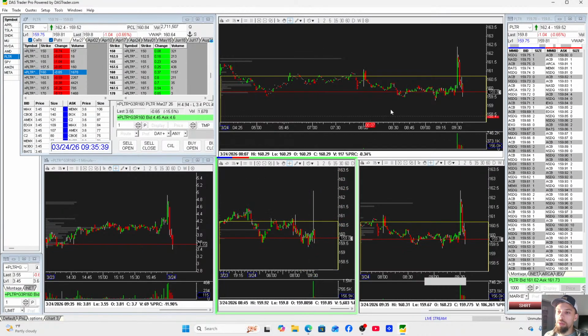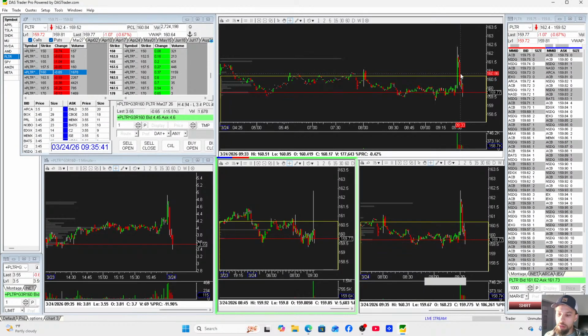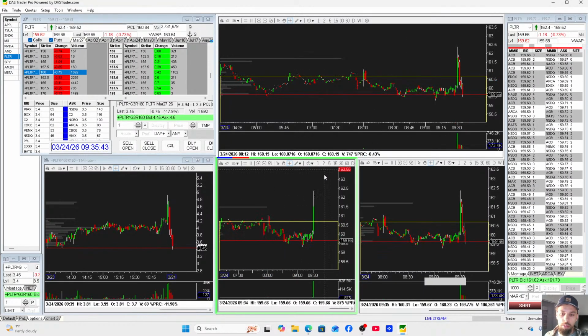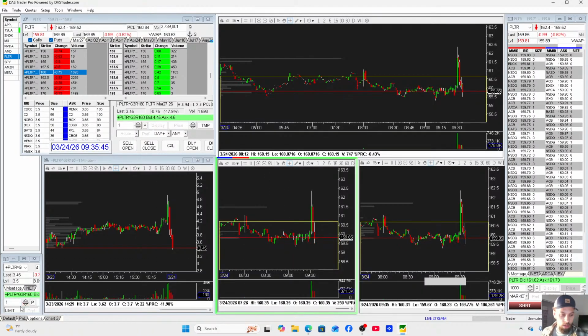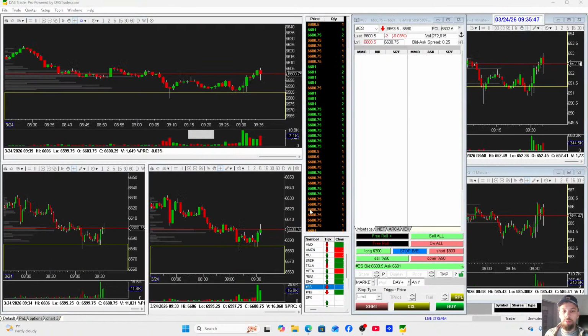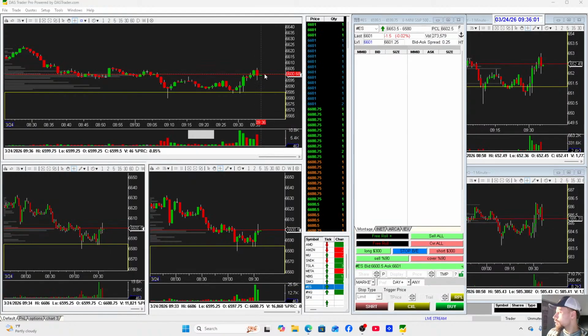How far down, who knows? We'll see what that brings here in a bit. Lots of volume here on ES. Volume's picking up a lot right here, showing some potential selling pressure. It's getting bought back up slowly though.